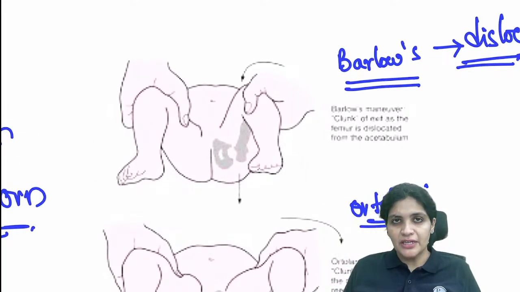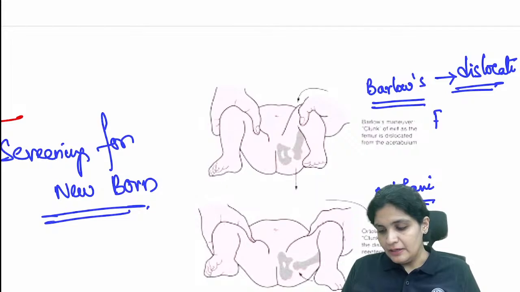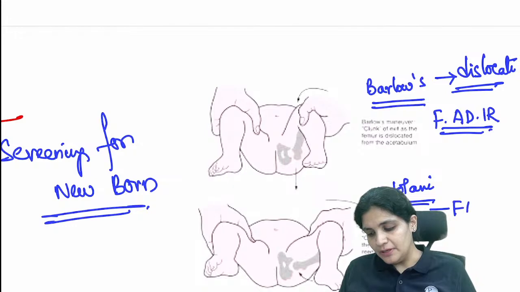So dislocation is FADIR, flexion, adduction, and internal rotation, right? And Ortolani is FABER.